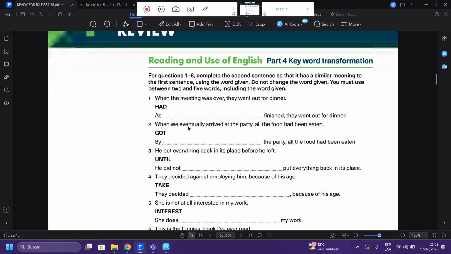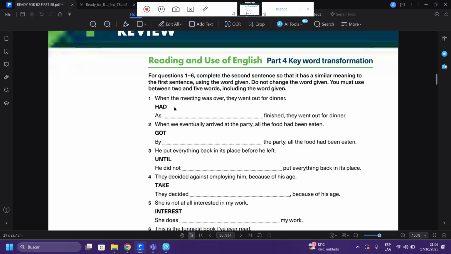Actually, this is one of the most difficult parts of the B2 First exam, because you have to master all of the grammar, at least at the B2 level. You have to master all the grammar tenses, time linkers, verb patterns, and so on.